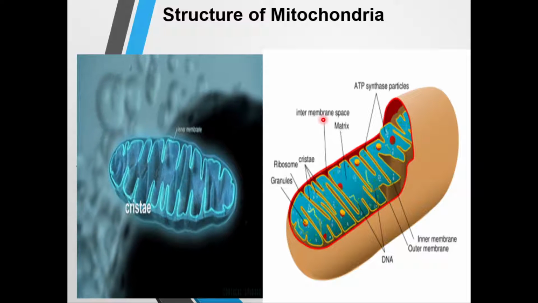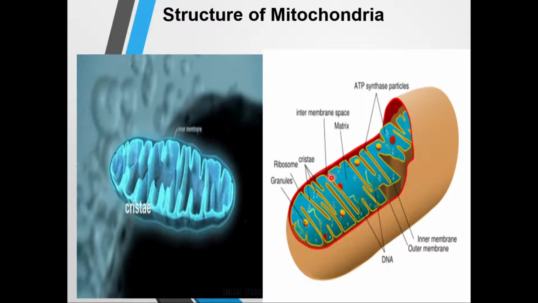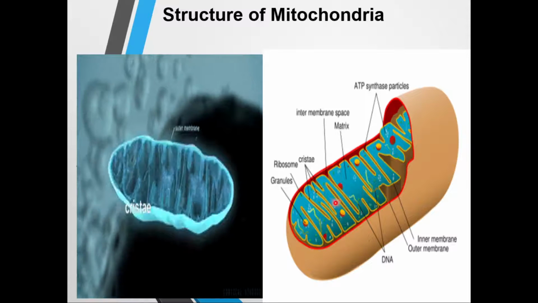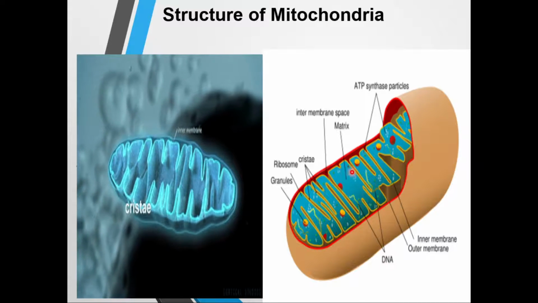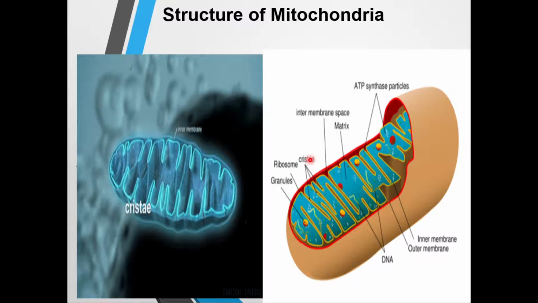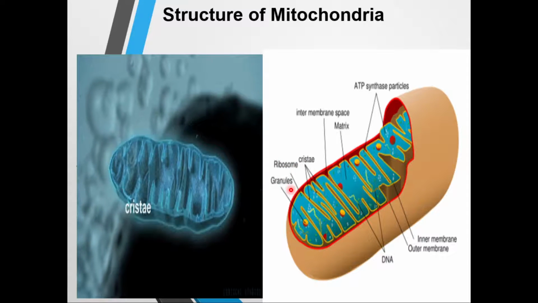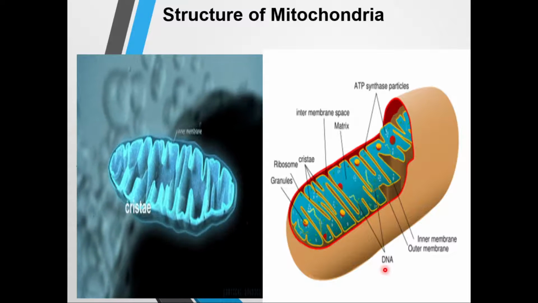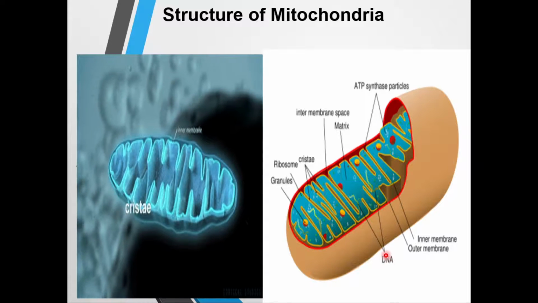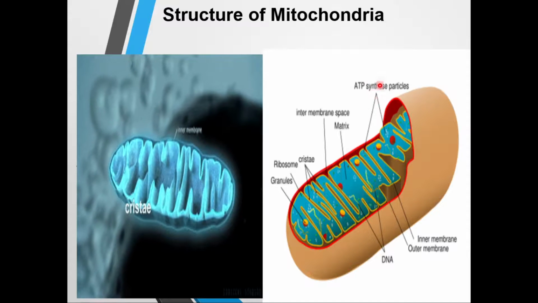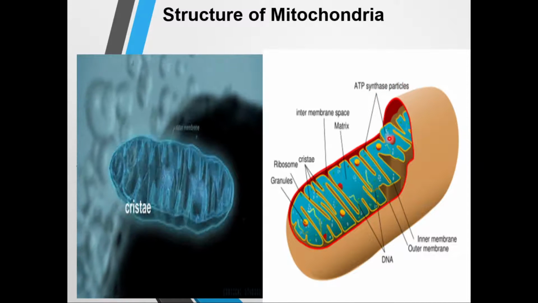The space between the inner and outer membrane is called the intermembrane space. These finger-like foldings or projections are called cristae. In this matrix, ribosomes are present and some granules are seen, and DNA, the genetic material, is also present here. See here, the ATP synthase particles are also seen.